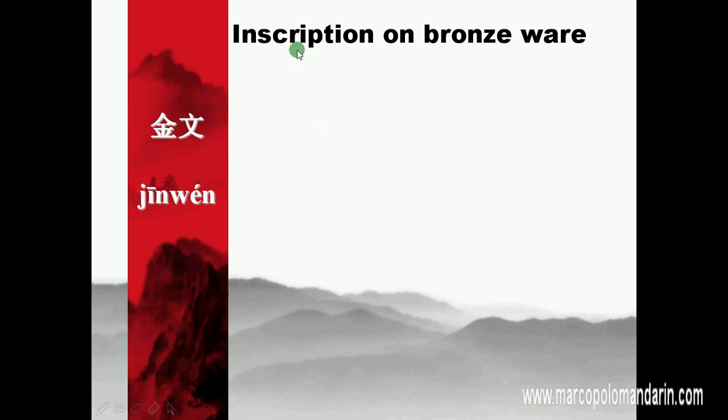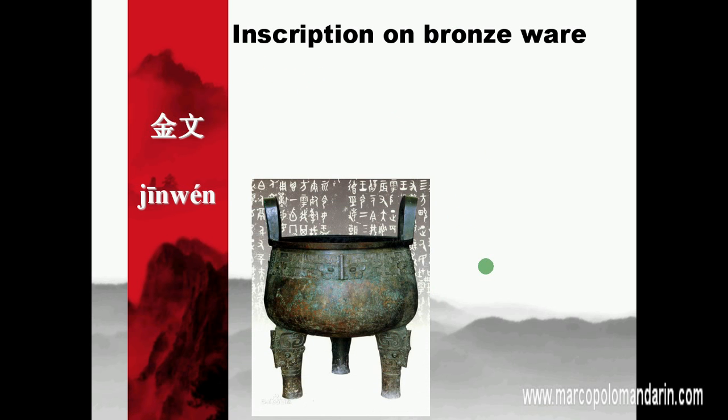The second generation of the Chinese characters is called Jinwen because it was the inscription on bronzeware. Jin means metal, so they were carved on the bronzeware. Currently, we have already found 2,722 Jinwen characters, but we can only read 2,420.